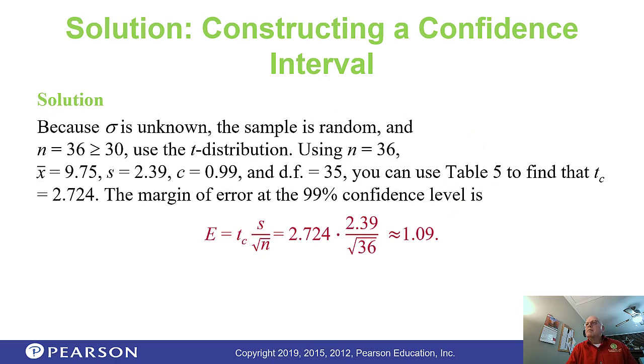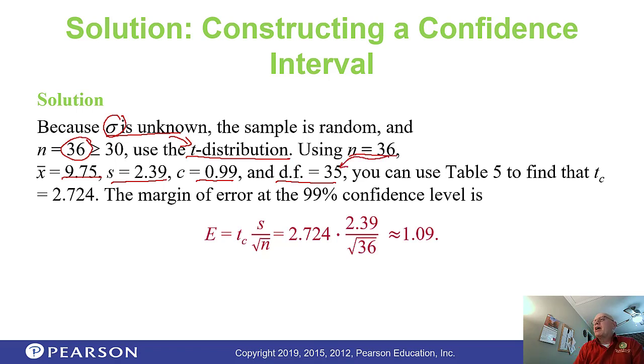So here we go. The standard deviation is unknown. The sample is random. We're good there. The sample is nice and big. It's over 30. So we use the t distribution. Remember, we didn't know the standard deviation, so we're going to the t. Using n equals 36, we've got the mean of the sample, the standard deviation of the sample, the confidence level we want, degrees of freedom, which is just one less than the 36.